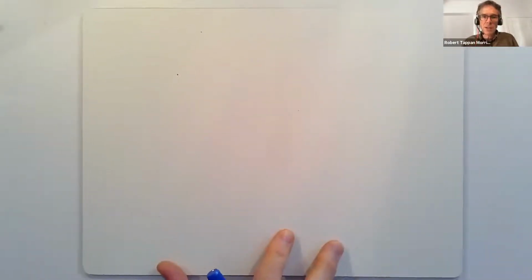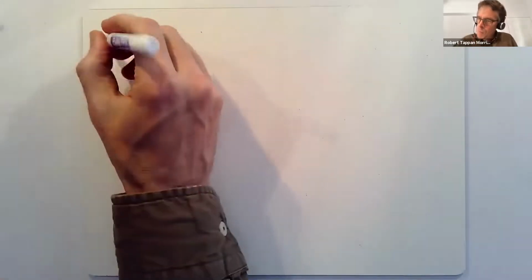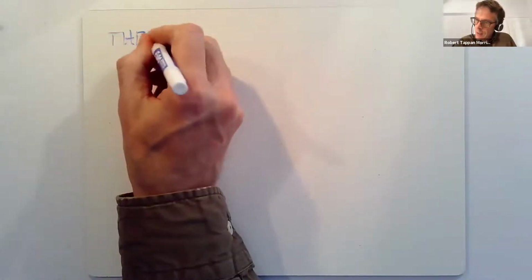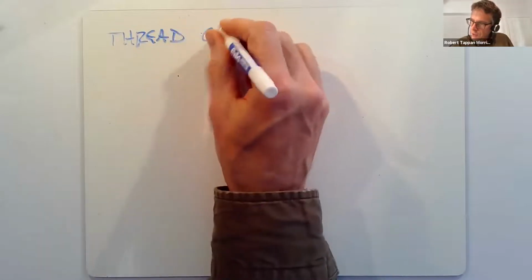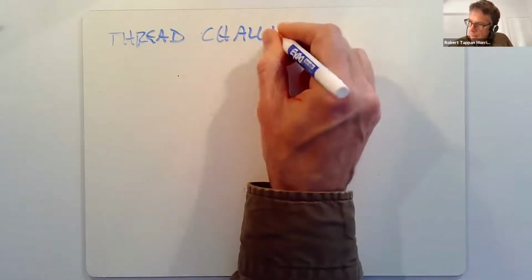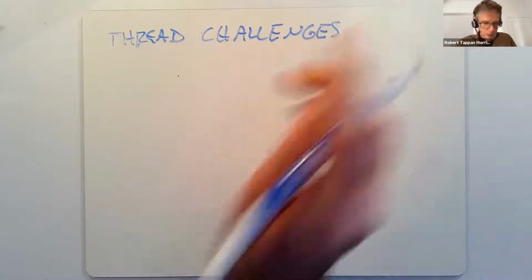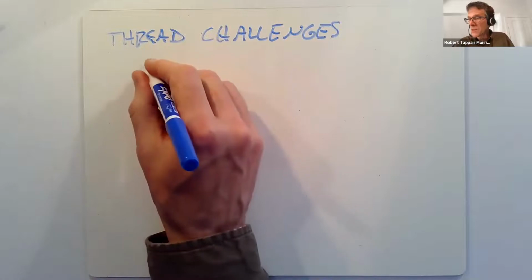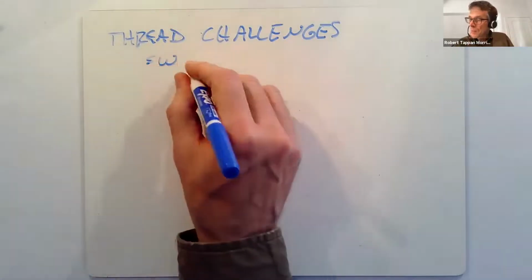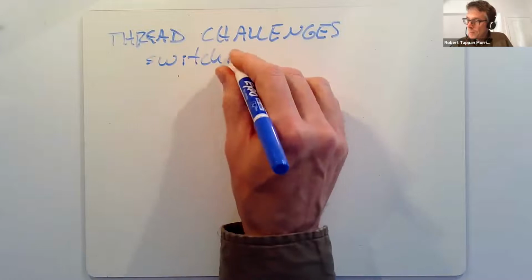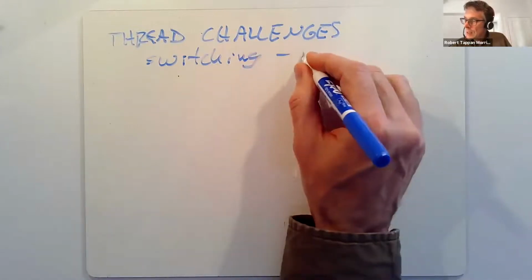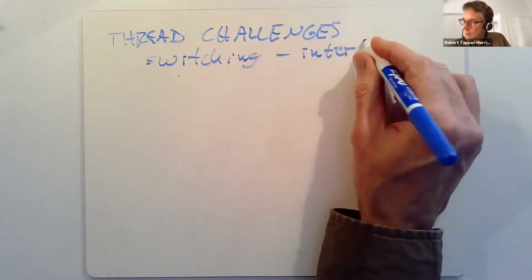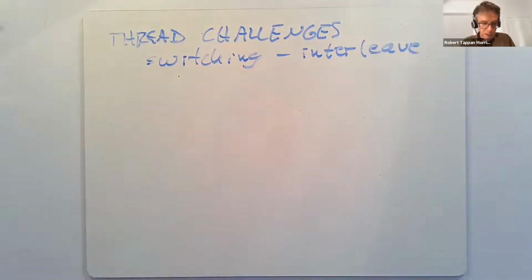Okay, there are a couple of challenges that we're going to have to bite off if we want to implement a threading system. These are just high-level challenges. One is, as I mentioned before, how to actually implement the switching that allows us to interleave the execution of multiple threads.